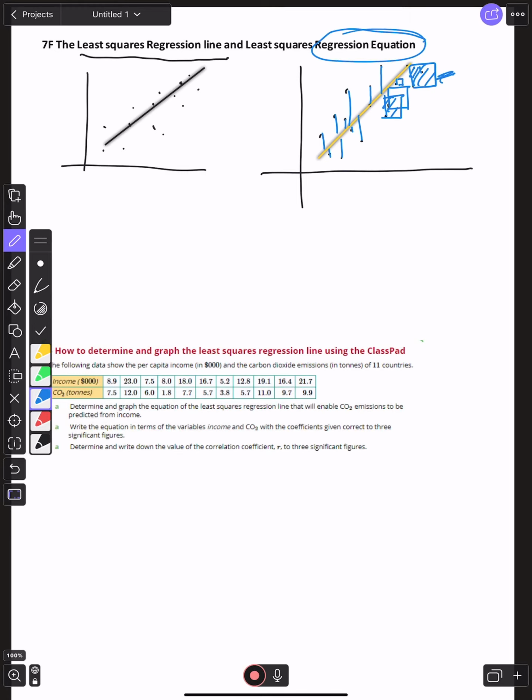So the equation of a least squares regression line is y equals a plus bx, where a is your intercept of the response variable axes, or the y variable axes, and b is your slope, right?